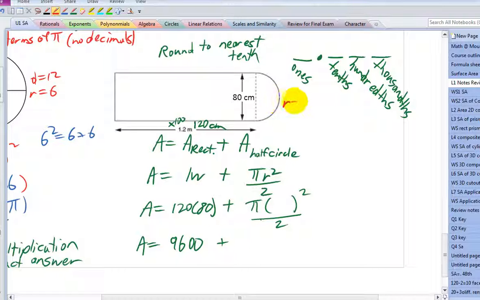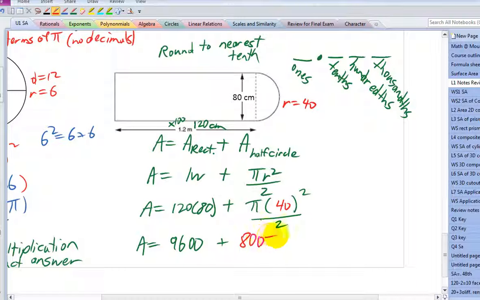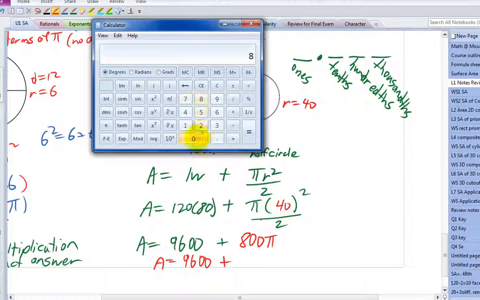So here your radius equals 40. So on the calculator you have 40 squared, 40 times 40 equals 1600. Divide that by 2 and we get 800. So this is 800 pi. Then we go 800 times pi. Everyone should try that on the calculator.